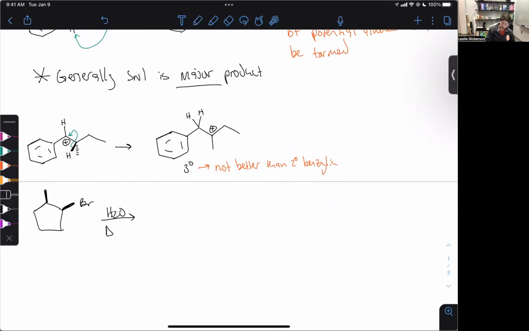Once I've identified that I've got water here, that's going to indicate that if anything's going to happen, it's going to be an SN1 or an E1. So we're going to pop off the leaving group and get to our carbocation. So this is a secondary carbocation. So we need to think about, is rearrangement going to be a possibility here?